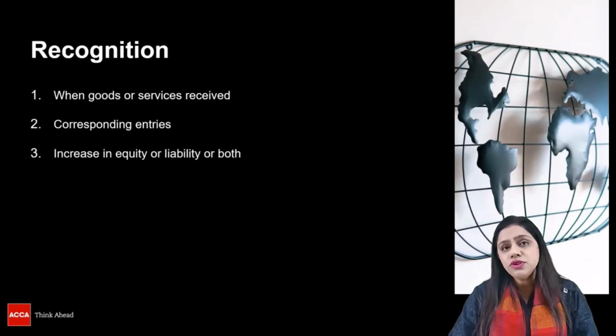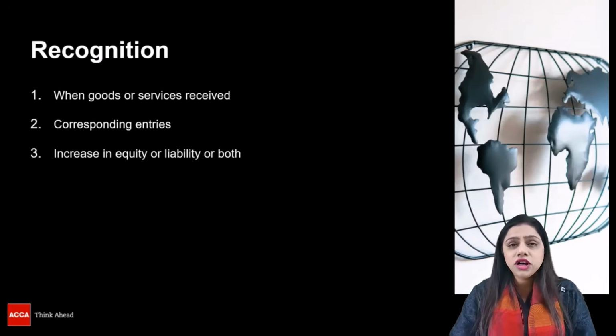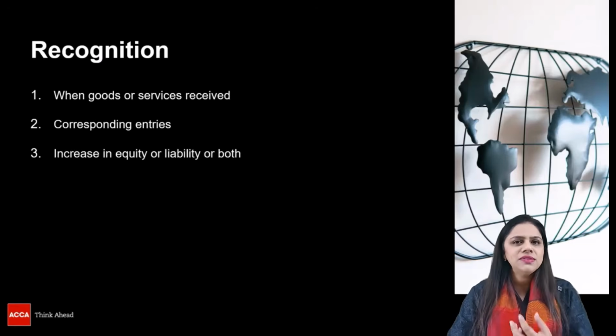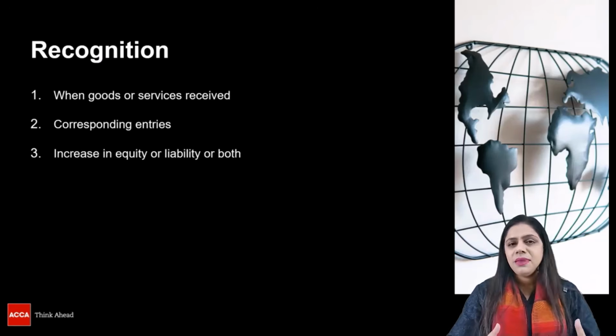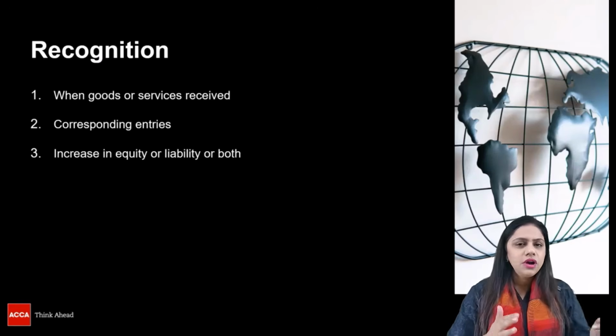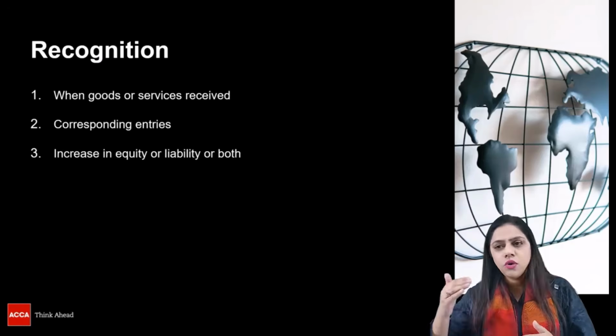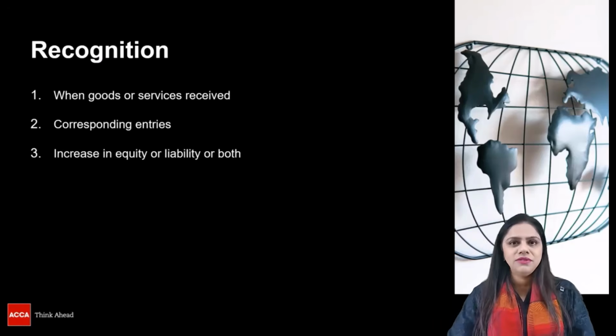So in case of goods, we say that as soon as the control is transferred, we recognize the goods immediately. However, when we talk about services, there might be 2 scenarios. Services, maybe we have already received them, or we are going to receive them over a certain period of time.